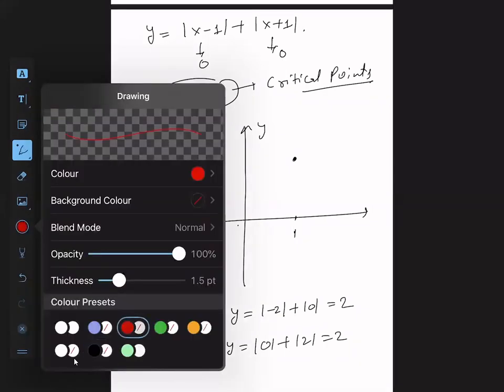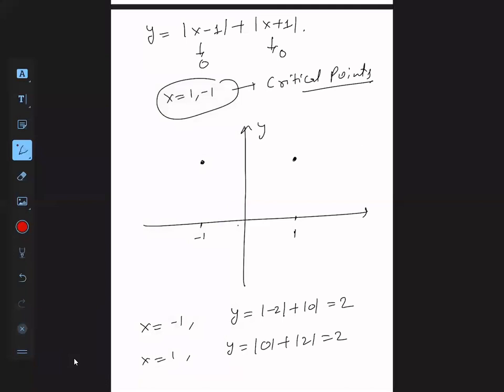Again, if you simply open this modulus by plus or minus sign, I will get a linear equation of the form ax plus b, that is a line. So how to make a line? You just have to draw 2 points and join them. So this is the graph of the given modulus y is equal to mod x minus 1 plus mod x plus 1.